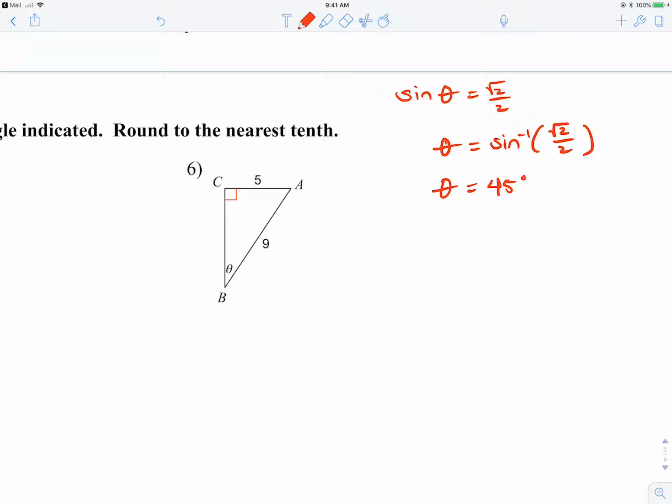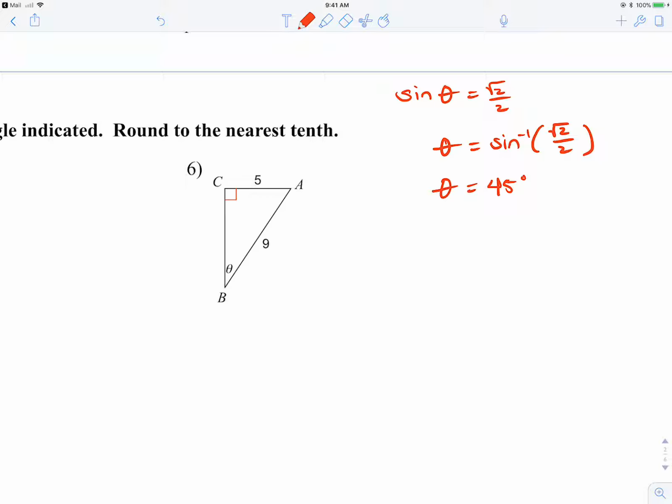We're going to study the inverse trig functions more in second semester, so we'll really look at why we're only getting one angle whenever we evaluate an inverse trig function at a ratio. Because we also know that 135 degrees makes that a true statement, right? Sine of 135 degrees is equal to root 2 over 2.